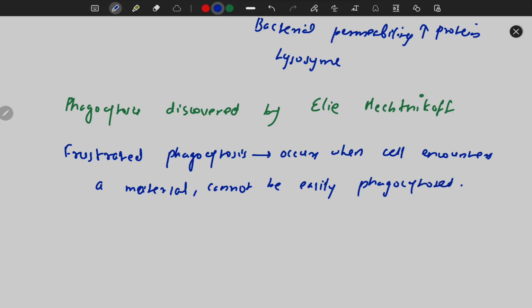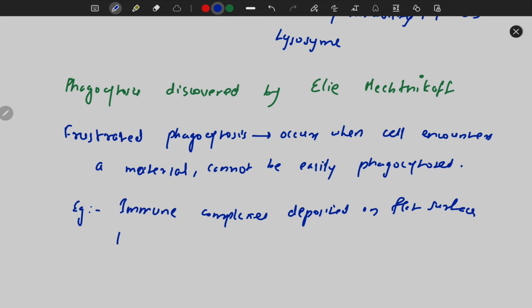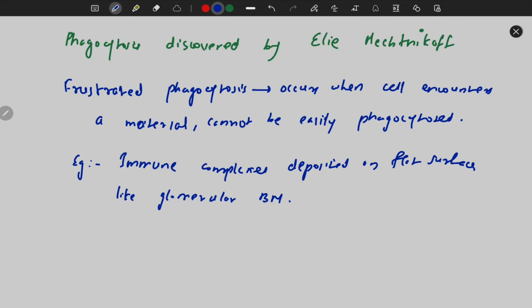For example, the immune complexes which are deposited on a flat surface like the glomerular basement membrane. So this is frustrated phagocytosis.